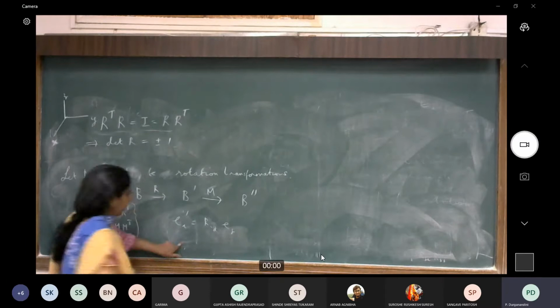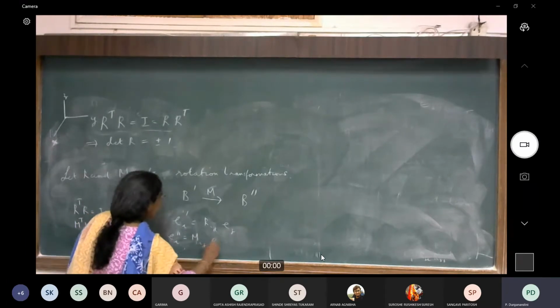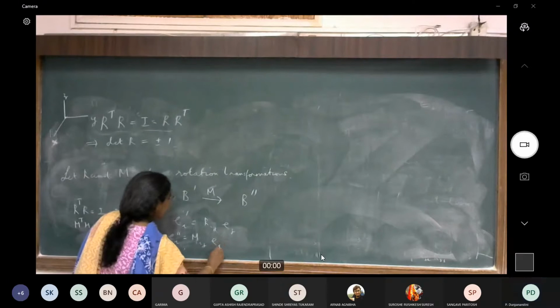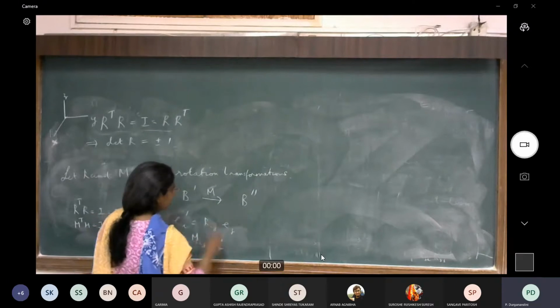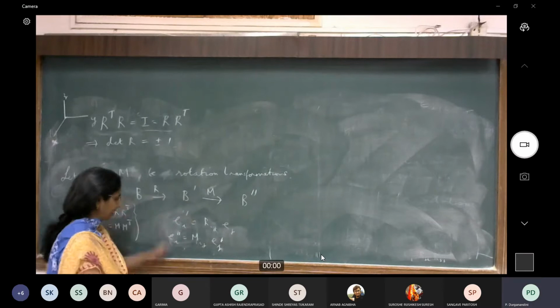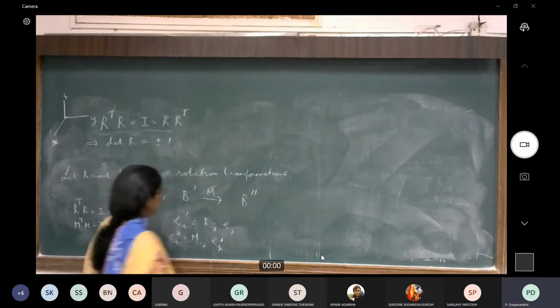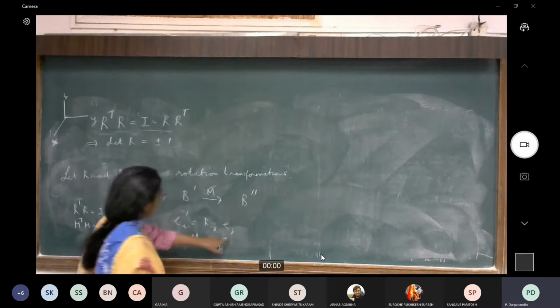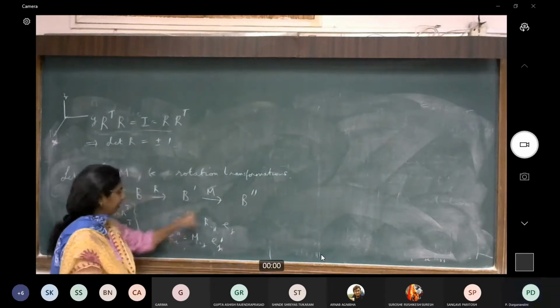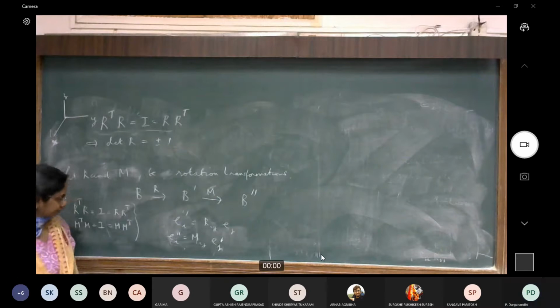And similarly, you can write that Ei double prime equals Mij Ej prime. That's what this means, because this is taking you from B prime to B double prime. Now what I want to do is relate Ej to Ei double prime, that is, this basis to B double prime.